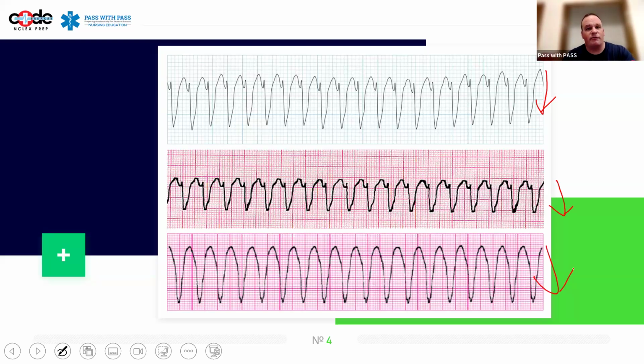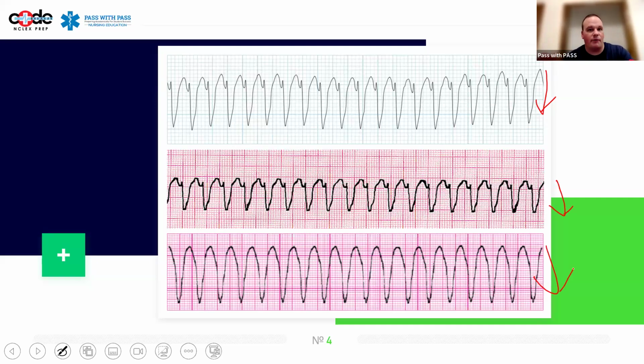But generally with VTAC, all of the complexes are going to be going in the same direction, either positively deflected, meaning up, or negatively deflected, meaning down. So don't let the minor differences in the rhythm confuse you. Don't let a funky looking VTAC rhythm confuse you.